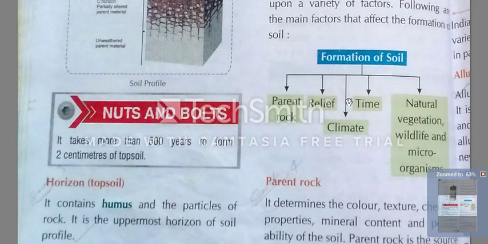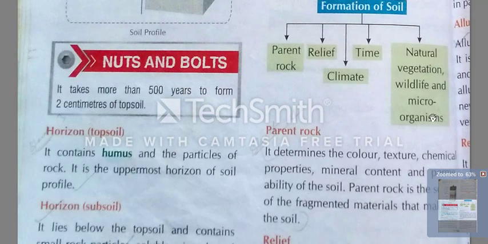The factors that affect the formation of soil are: parent rock, relief, climate, time, natural vegetation, wildlife, and microorganisms.